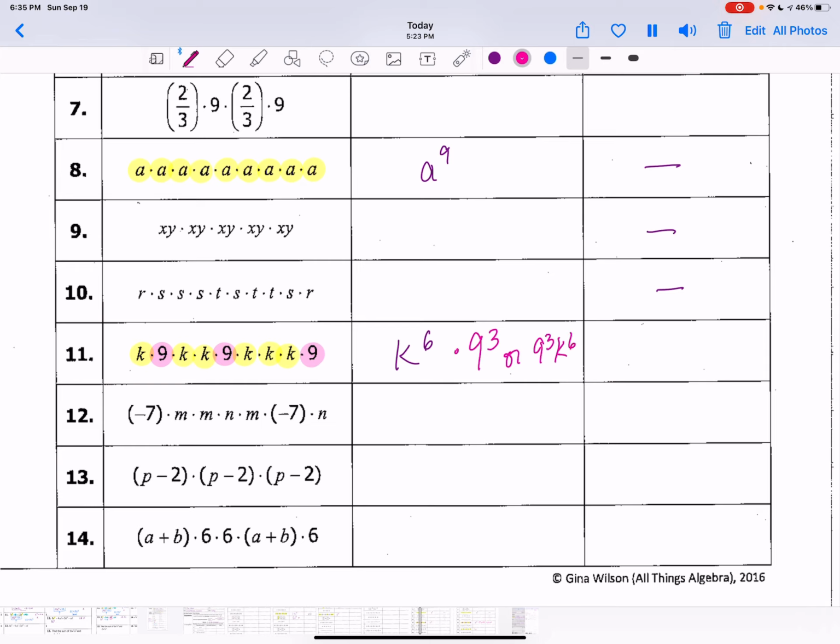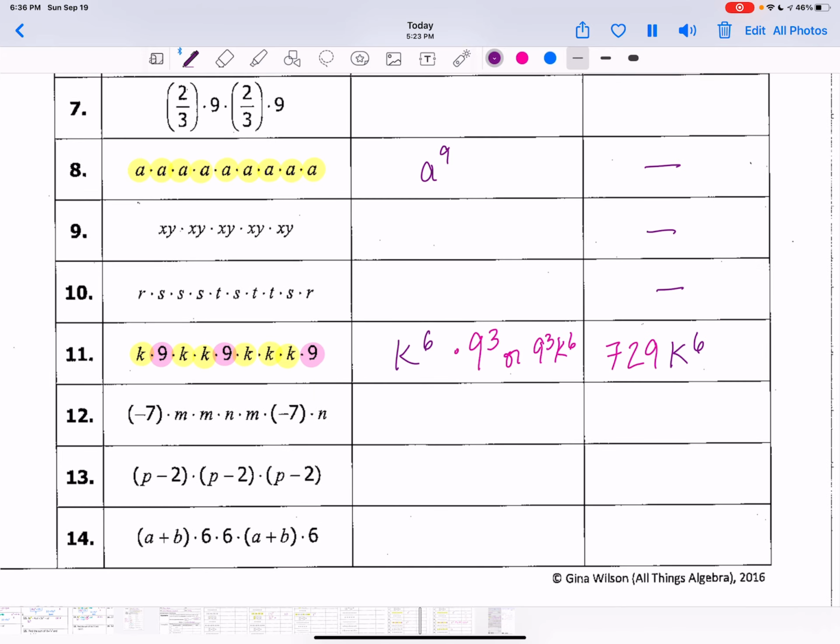Again, that's part of that standard form. But since we do have numbers to multiply out, now we're actually going to find the value of that part. 9 to the 3rd power, and you go 9 times 9 times 9, which is 729, and then we keep K to the 6th power because we can't find the value of that because it's a variable.